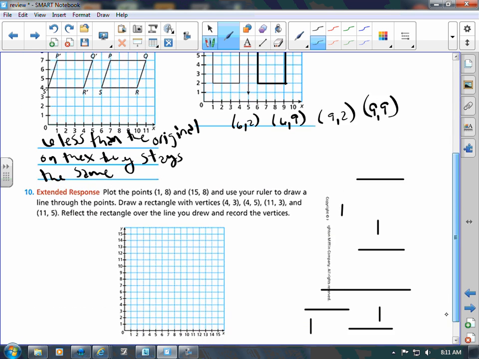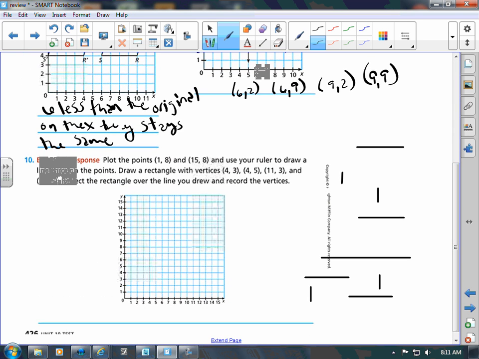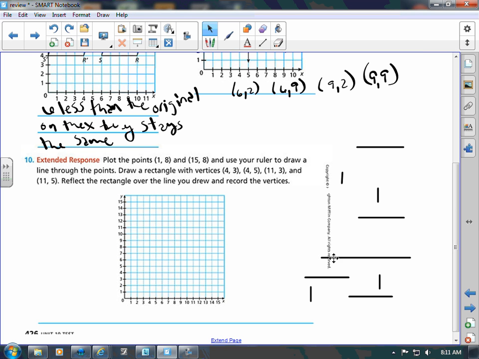On my last one here, if I drew something out, you can see all my bits and pieces are over here, so I'm just going to move them across. First, I need to plot the points 1, 8 to 15, 8.